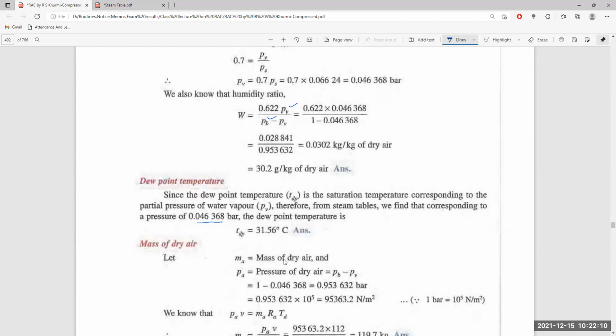Then mass of dry air. The partial pressure of dry air is barometric pressure minus partial pressure of vapor, that is 1 minus 0.046, about 0.96 bar.